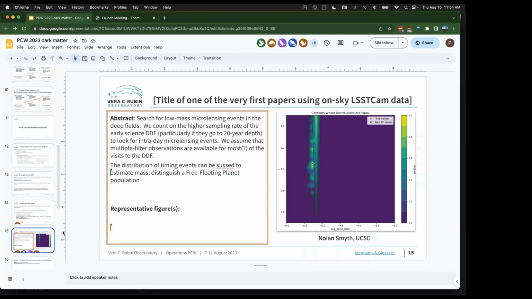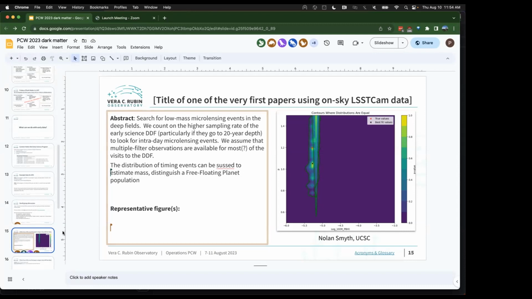Yeah, so the deep drilling fields, if we're going to try and integrate to 10 or 20 year depth during science validation, we're going to have a very high cadence of images on the order of hours, maybe less in some cases. Hopefully in multiple filters, although we weren't quite sure about that.